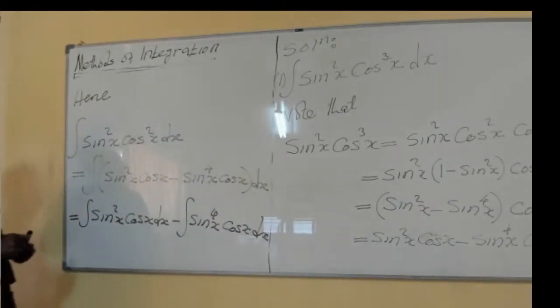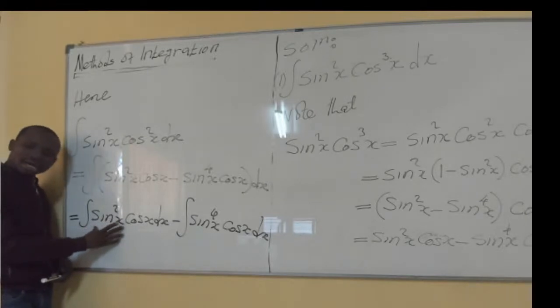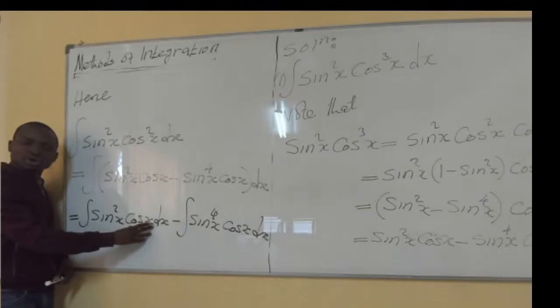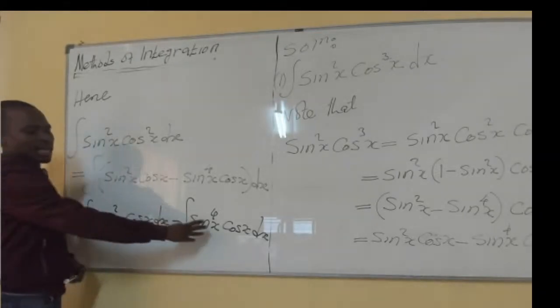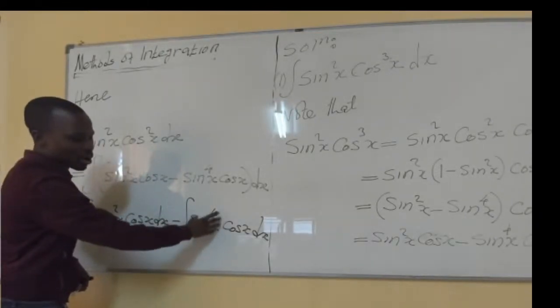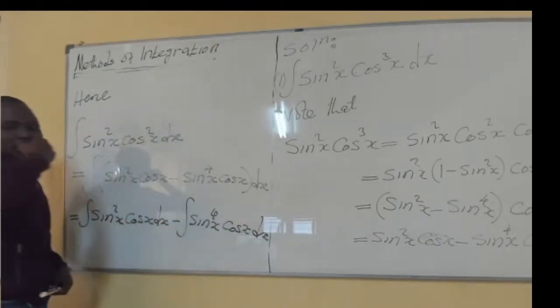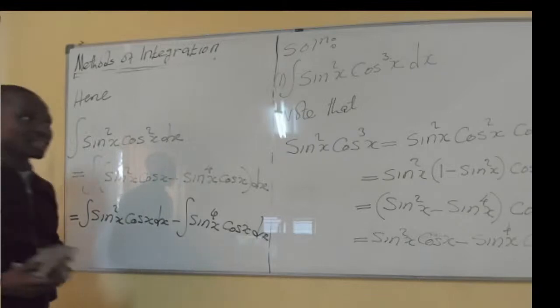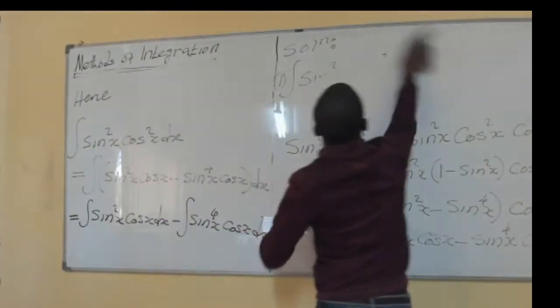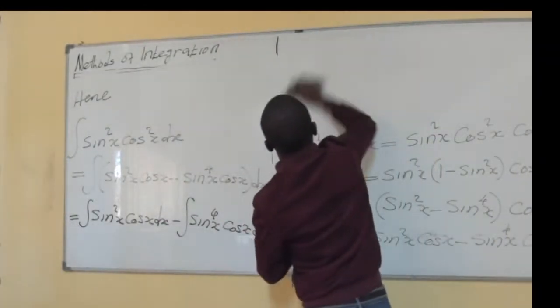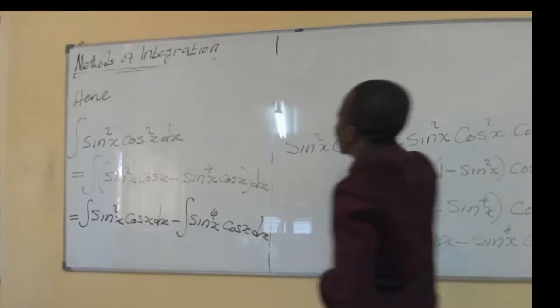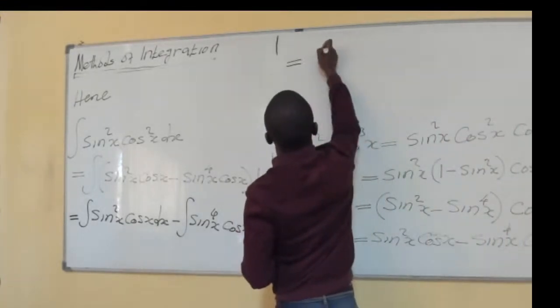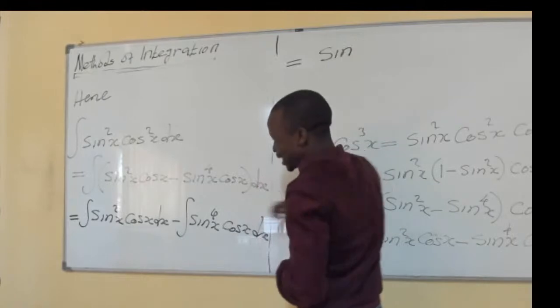Now, if you look, a sine function of power 2 has been multiplied by a cosine function of power 1, and a sine function of power 4 has been multiplied by a cosine function of power 1. This means we can now use that theorem to do our calculations. So this is equal to sine x to the power n plus 1 over n plus 1.